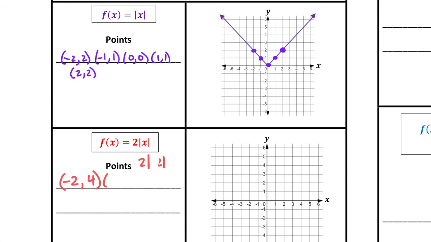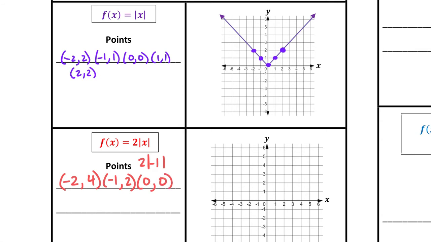Let's try out another input. Let's try out negative 1. What's the absolute value of negative 1? Positive 1. What's positive 1 times 2? 2. Okay, let's plug in 0. Absolute value of 0 is 0. 0 times 2 is 0.